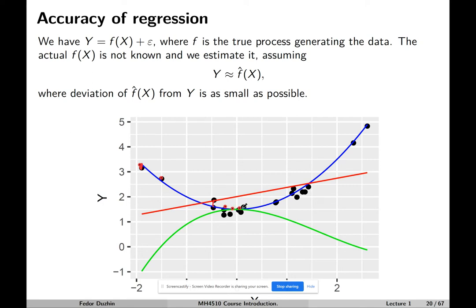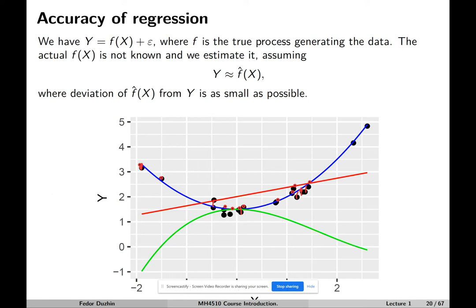For every feasible value of x, we measure the distance between the predicted value of y and the actual value of y. And the smaller these distances are, the closer our model is to the truth.